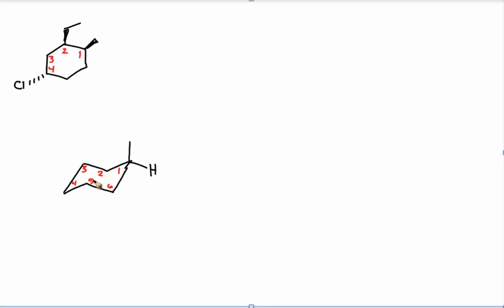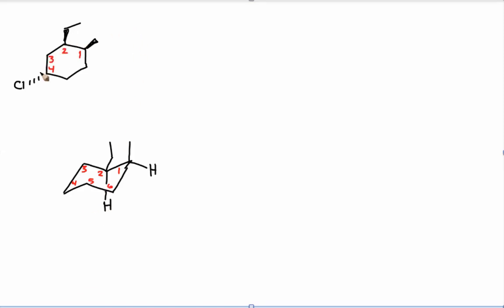Now in this carbon we also have two substituents. We have our axial substituent as well as our equatorial substituent. Now this ethyl group is pointing in the same direction as the methyl, so it's going to be this up substituent or our equatorial substituent on carbon 2. So let's make that our ethyl, and then our axial substituent is the hydrogen.